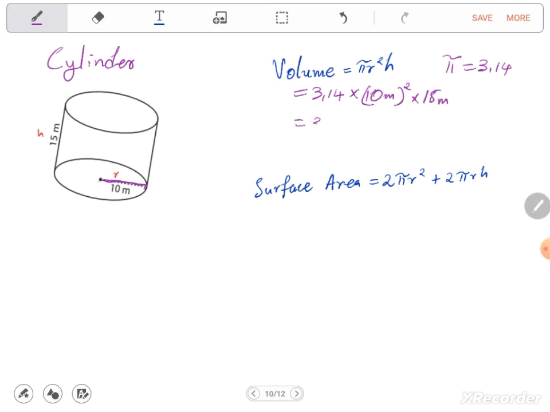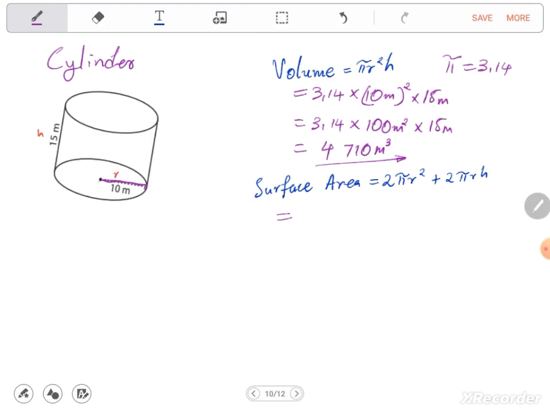So we will say 3,14 multiplied by 10 squared, which is 100, multiplied by 15 meters, and the final answer therefore will be equal to 4,710 meters cubed. So this becomes the answer for the volume of the cylinder.